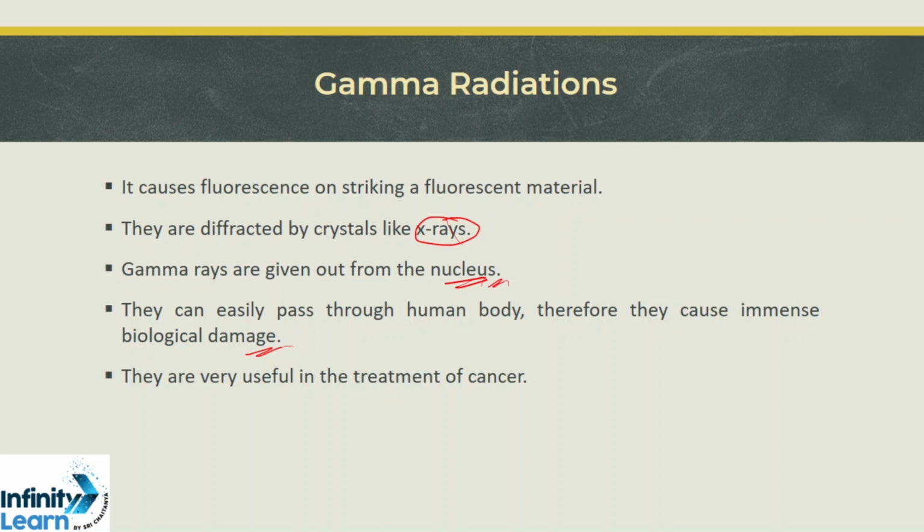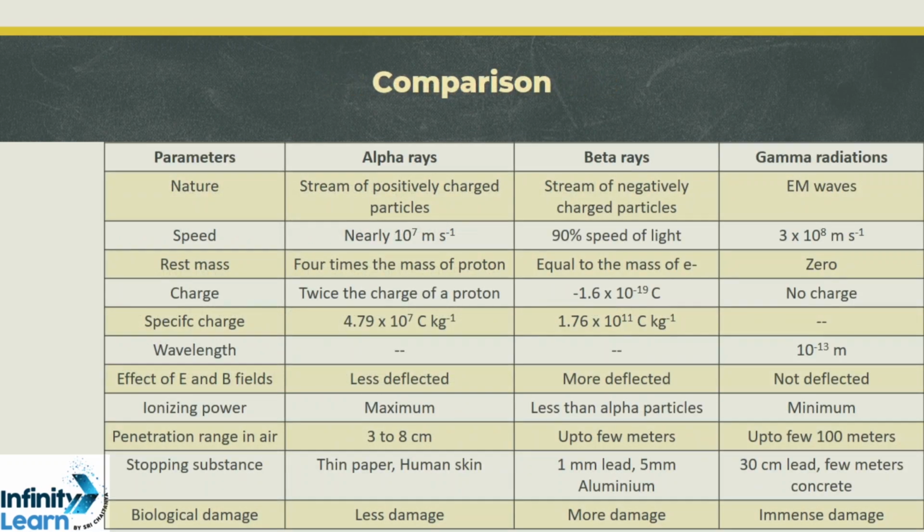It can penetrate through a longer distance. On the other hand, alpha particle has the least energy and suffers more collisions, and hence has maximum ionizing power. But since the energy is dissipated, penetrating power is minimum for alpha particles. Now let us quickly compare these three.